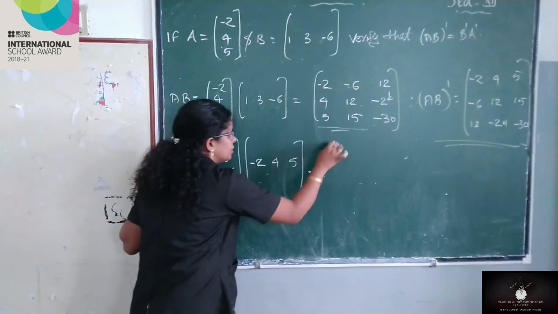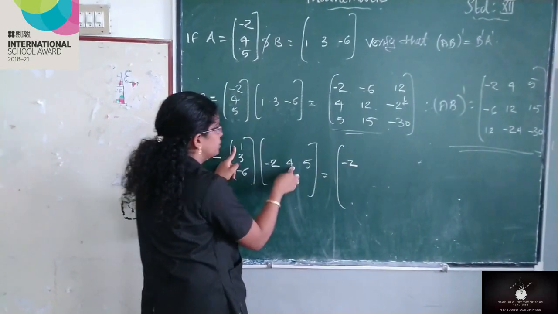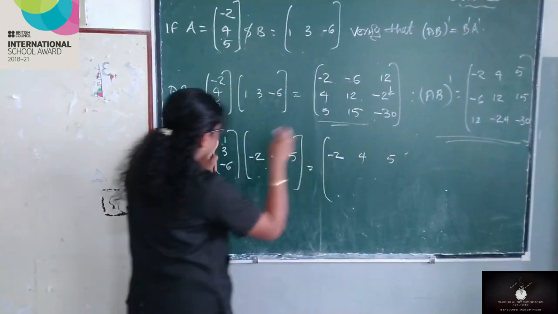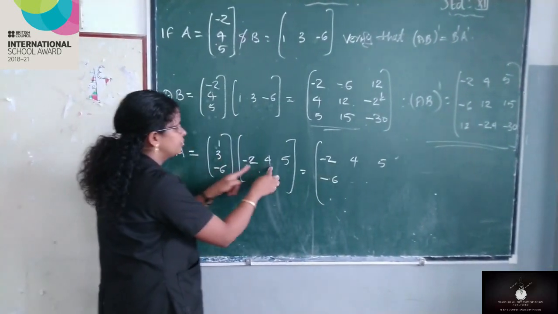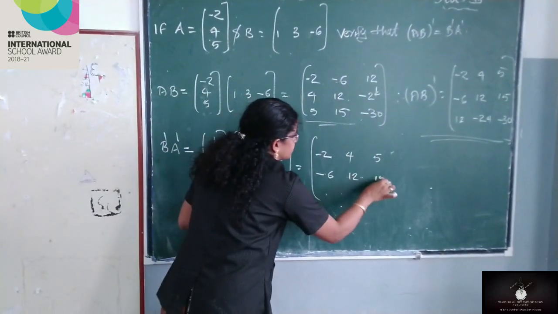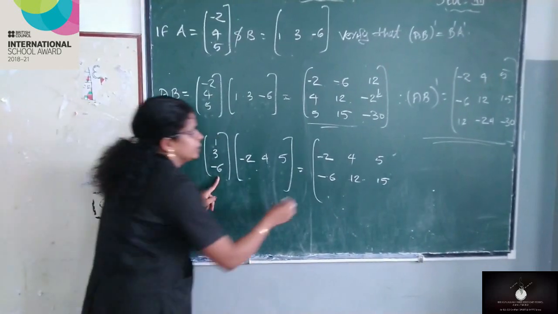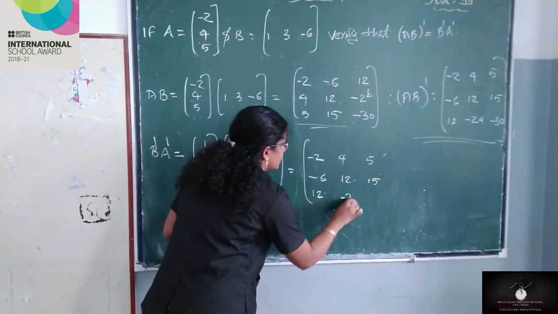Okay, which is equal to matrix 1 into minus 2 is minus 2, 1 into 4 is 4, 1 into 5 is 5. The second row is 3 into minus 2 is minus 6, 3 into 4 is 12, then 3 into 5 is 15. The third row is minus 6 into minus 2, that makes 12, minus 6 into 4, that is minus 24.